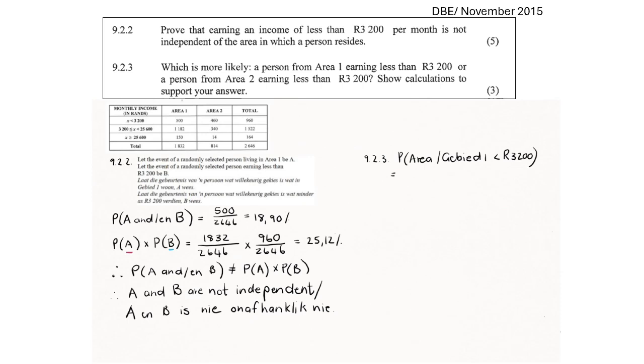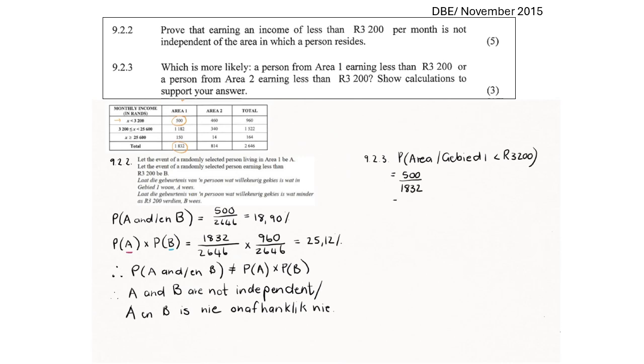So we go to the Area 1 column, and there are 500 people who earn less than 3,200 rands. But now, since they tell us it has to be an Area 1 person, we are now going to divide it by the total number of people in Area 1.